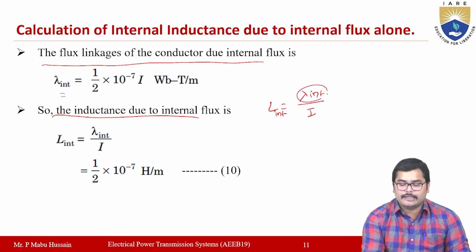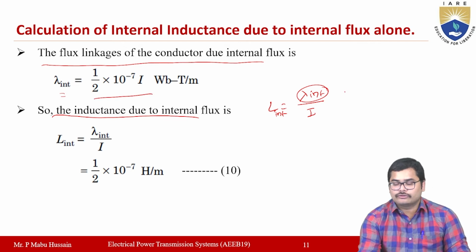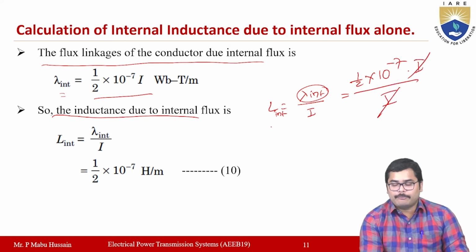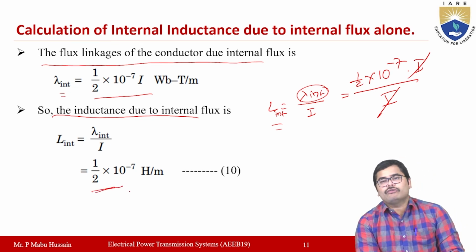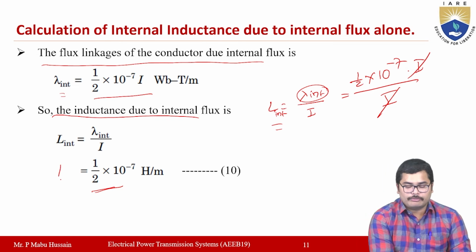Now here lambda int is this value, which is equal to 1 by 2 into 10 to the power of minus 7 into I by I. So this I and I will get cancelled. So L internal will be equal to 1 by 2 into 10 to the power of minus 7. You have to remember this.